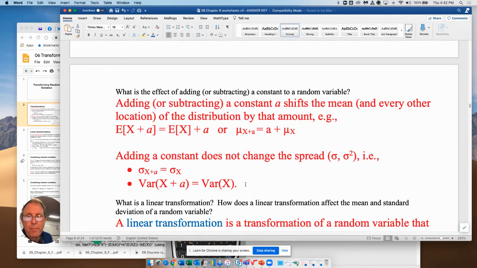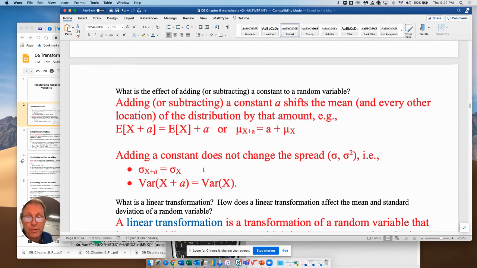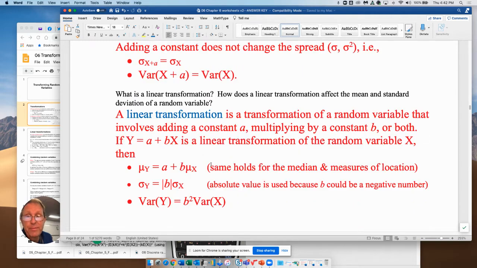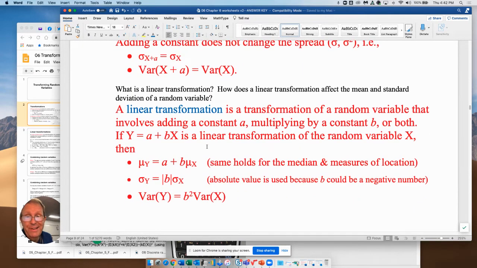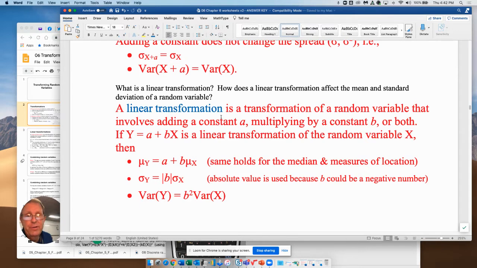Now, if we combine these, then we have what is called a linear transformation. A linear transformation is a transformation of a random variable that involves adding a constant a, multiplying by a constant b, or both.